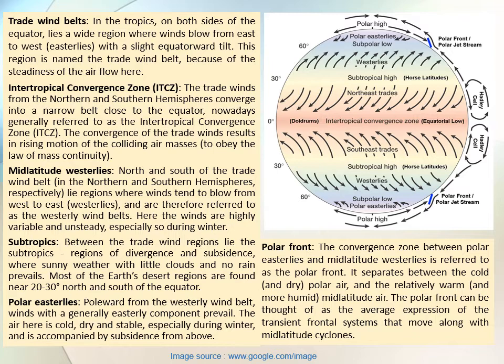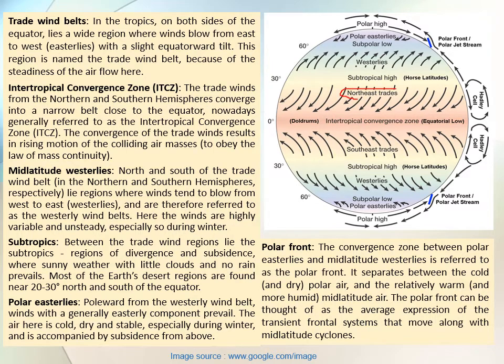Now, in the northern hemisphere, the prevailing wind moves towards equatorward, and due to the Coriolis effect, the apparent direction of this trade wind is from northeast to southwest. So it is often named the northeast trade winds.